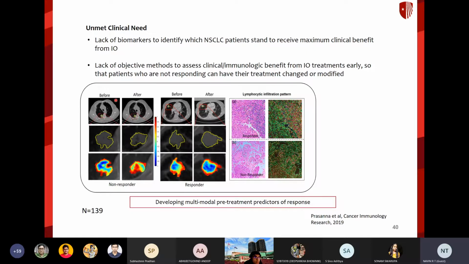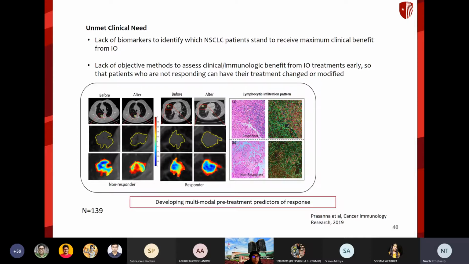Now, here's an example of a patient who eventually did not respond to immunotherapy. And here's an example, the second column, of a patient who eventually responded to immunotherapy. And as we can clearly see, as a result of the immunotherapy treatment, the radiomic patterns changed differentially for the non-responder as compared to the responder.